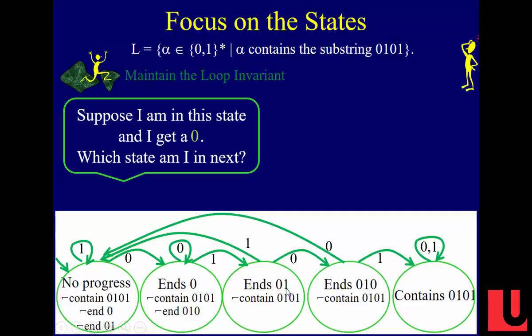Shouldn't I also say just inside of it, it should say does not contain 0, 1, 0? Well, it could contain 0, 1, 0, right? So if my string was 0, 1, 0, 1, 0, right? Now it contains this, but it's not helpful, right?